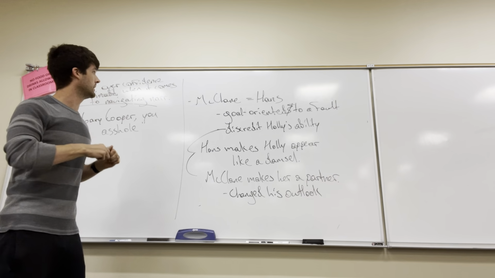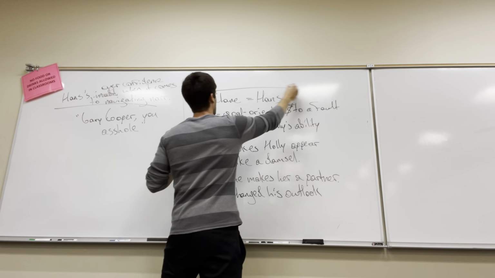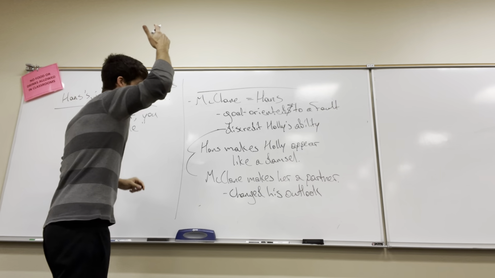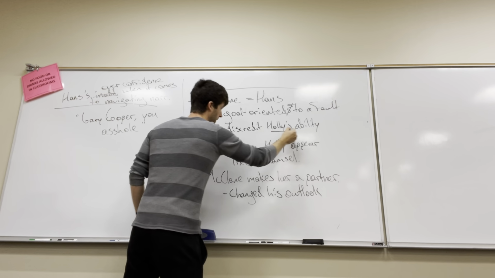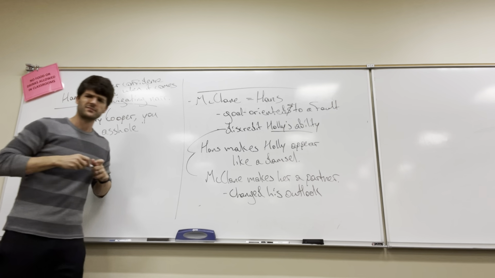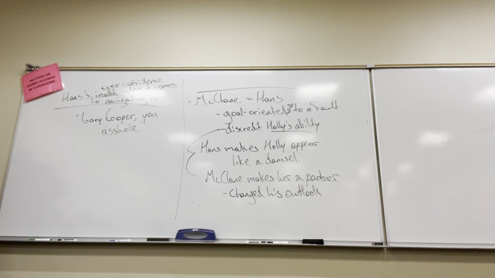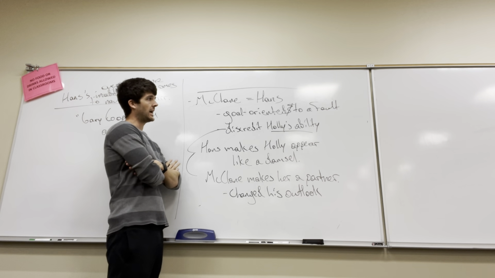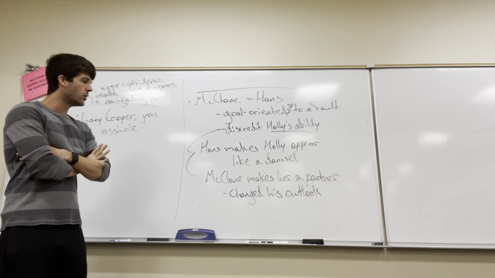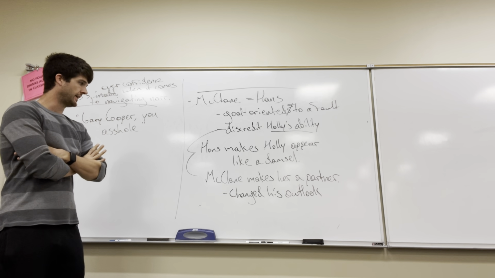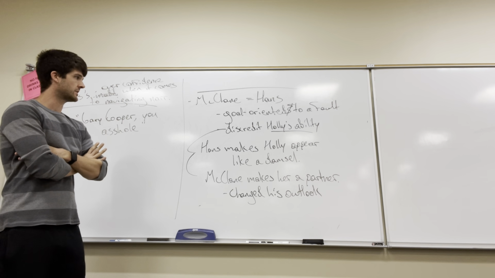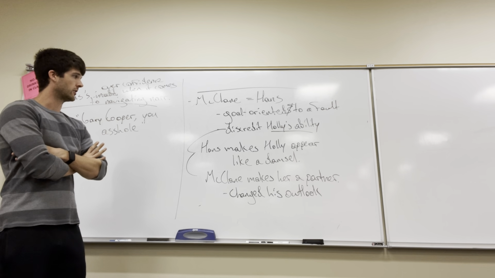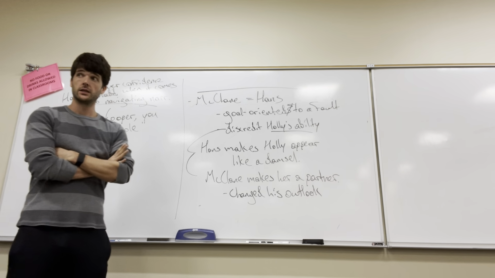But the other point I would make here, and this is a separate body paragraph, obviously we're talking about Holly's ability. We're talking about how we judge that or how we know it. To me, there's a couple ways this could go, but most of this seems centered around her appearance in this scene.